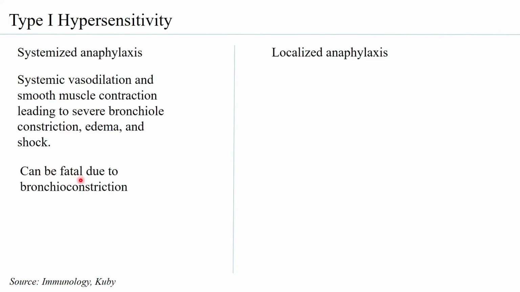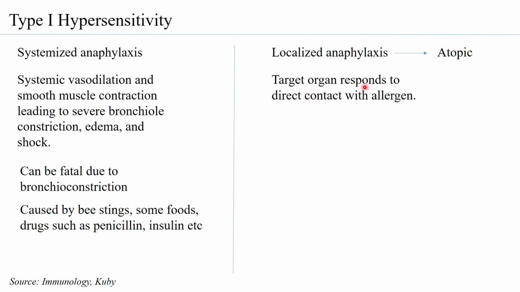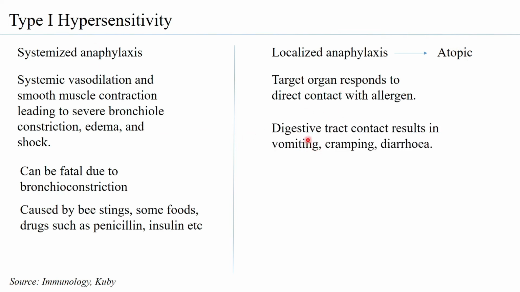The fatality is because of bronchial constriction, where breathing becomes a problem. It can be caused by bee stings, some foods, and drugs such as penicillin, insulin, etc. Now, localized anaphylaxis is generally considered to be an atopic condition, and the target organ responds to direct contact with the allergen. For example, if somebody has eaten some food, then the digestive tract is the contact organ, and therefore it results in vomiting, cramping, diarrhea.